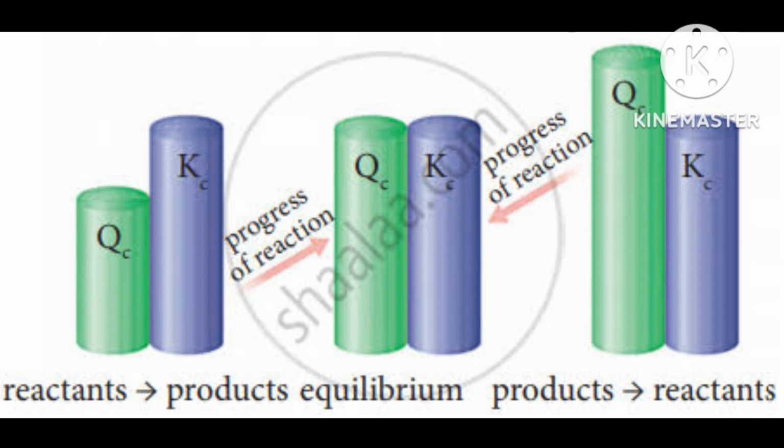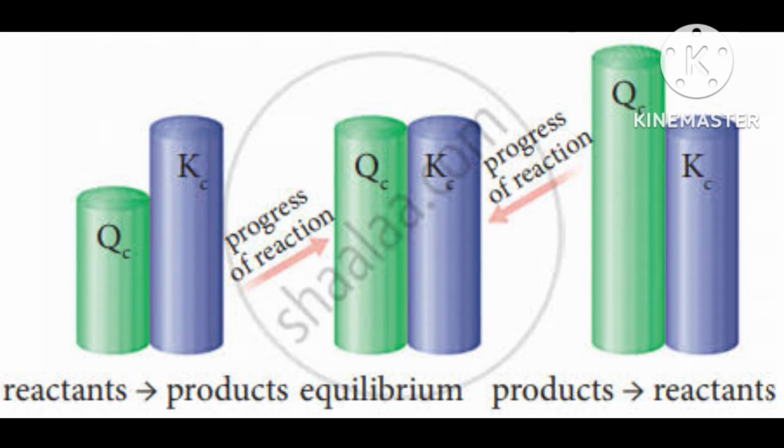That's why the product will be negligible. Reactant will be more, means N2 and O2 will be more, and NO will be negligible. Okay, this is the example I have told you. The condition you have to keep in mind.